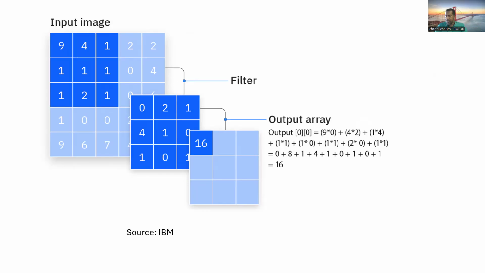In the example, you can see the 9 times the 0 is multiplied and summed as a weighted sum, and the result will be 16. So for every slide movement, you do a dot matrix product and get a weighted sum. That's the purpose of the filter.